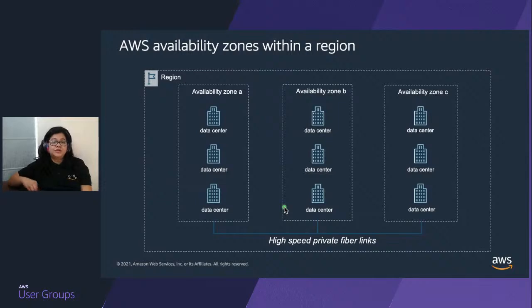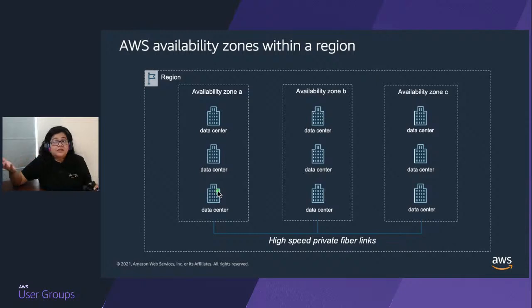Then you have to use AWS availability zones within a region. What are availability zones? Availability zones are fully isolated infrastructure with one or more data centers, right? So an availability zone A will have more data centers inside it. The more availability zones you're going to use, they will have more meaningful distance for separation.